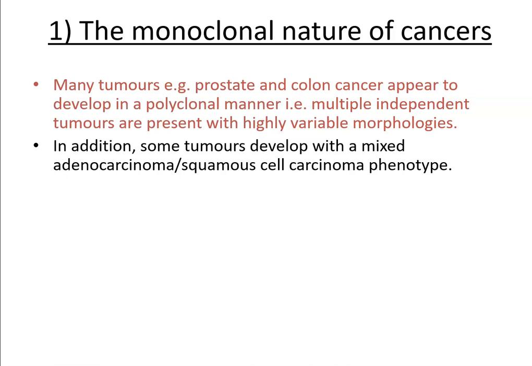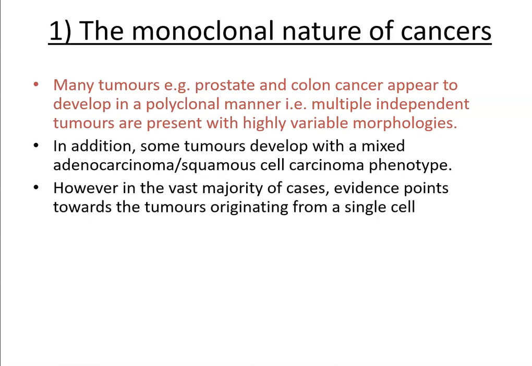So these can appear to be multiple different tumours in the same place. In the vast majority of cases, however, a single mutant cell leads to a tumour, and that tumour can appear to be very heterogeneous or can appear as multiple independent cancers.